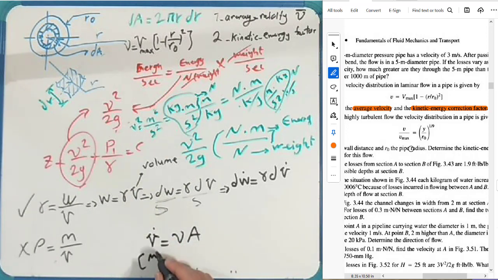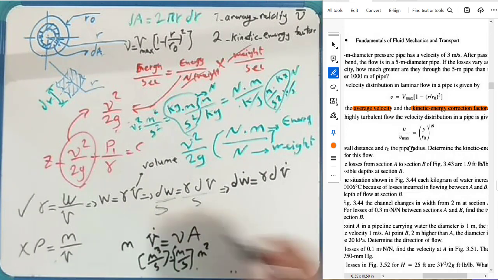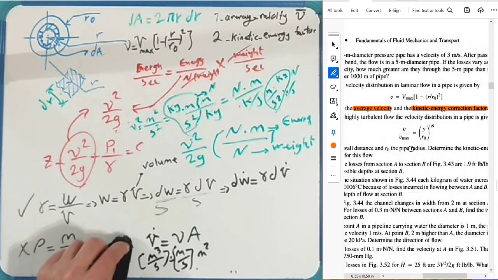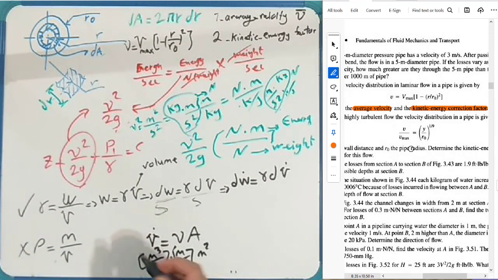This is meters cubed per second, this is meters per second, and this is meters squared. These are equal. So this is actually m dot. Oh, better say this is Q. We use it with Q to show it. Okay.